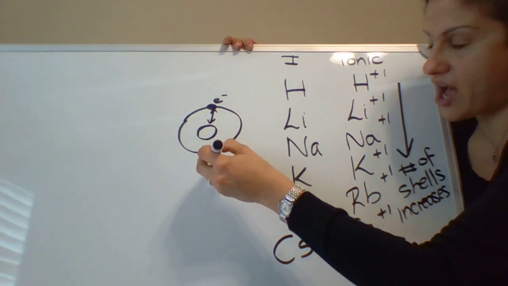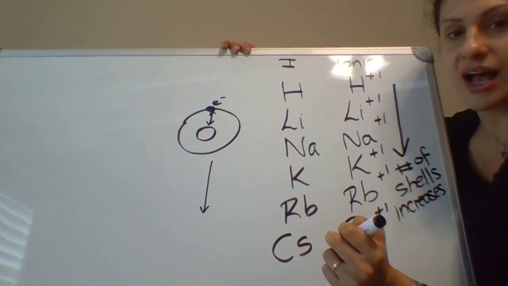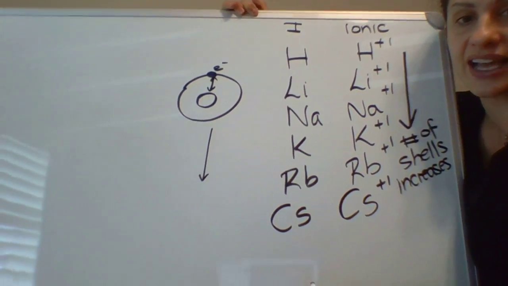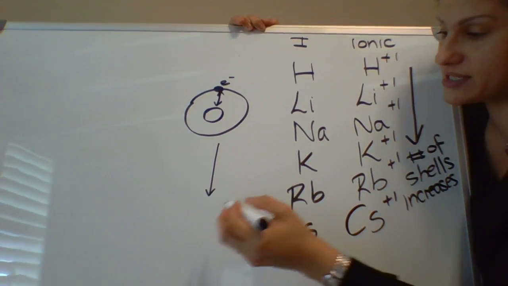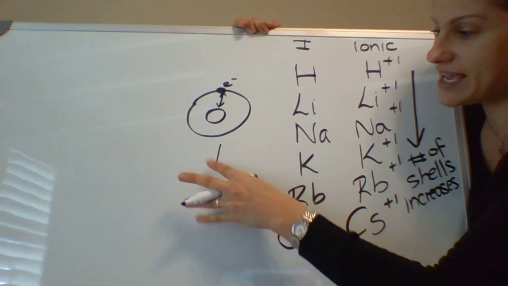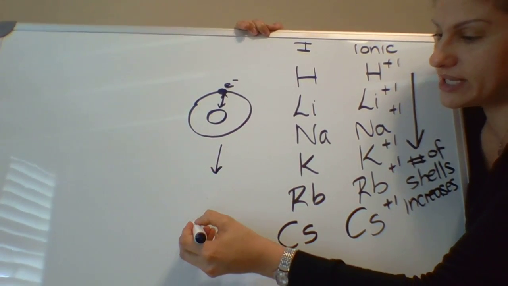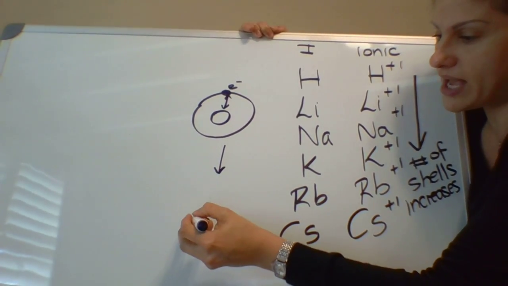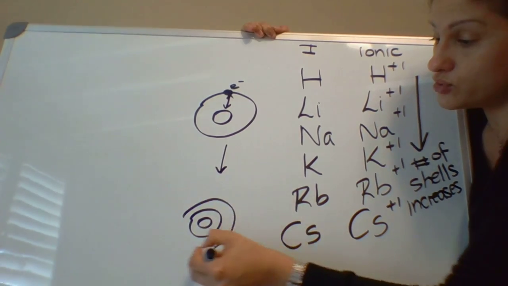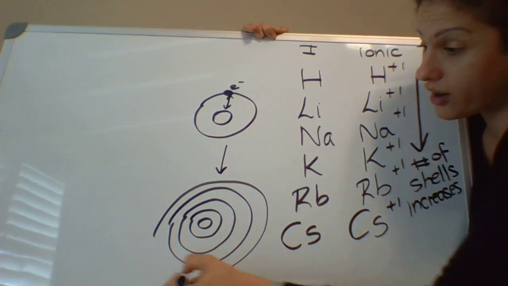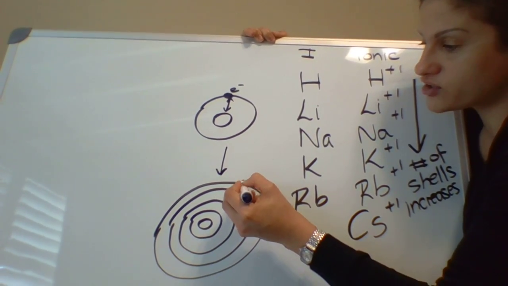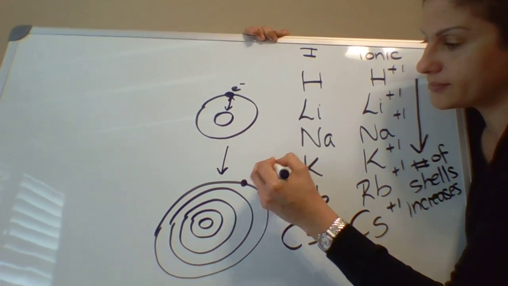As we go down the group, I mentioned that the number of shells increases. So now, in this case, we have our nucleus, but we have 1, 2, 3, possibly even 4 shells, and our valence electron is all the way out here.